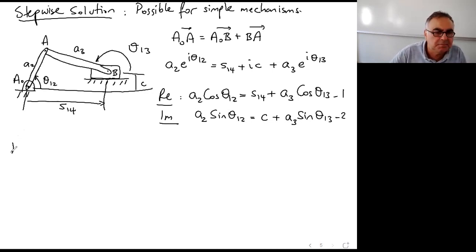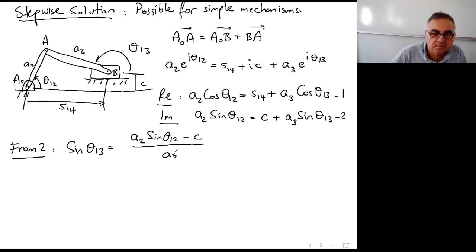So from 2, we can say, for example, sine theta 1,3 is equal to A2 sine theta 1,2 minus C. So you can solve for theta 1,3.